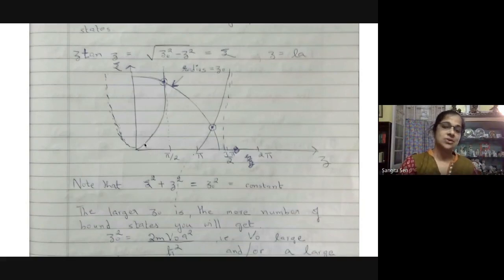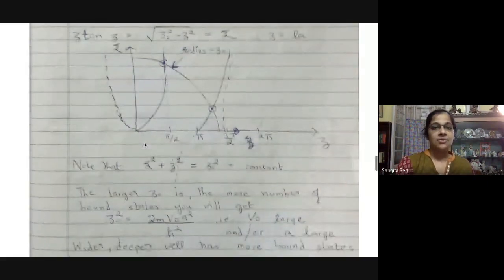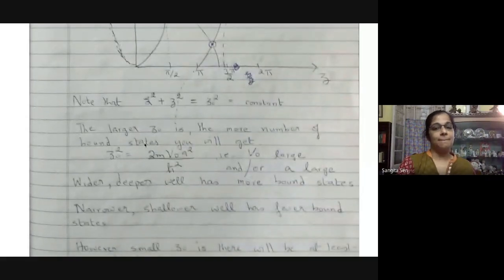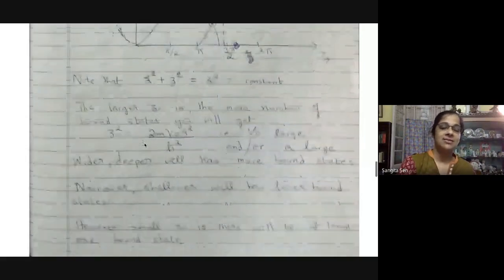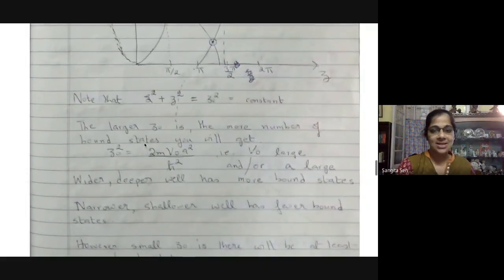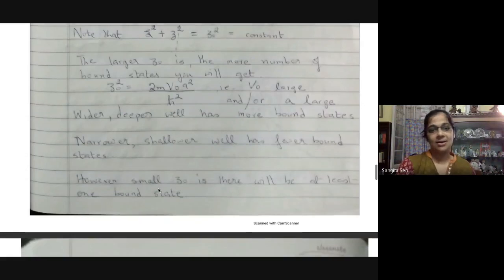So you will have at least one even solution, which is a bound state. So for a finite well, there is at least one. However small this well may be, there is at least one bound state. Okay. It also tells us, in reverse of course, that if you have a narrow, shallow well, then you have fewer bound states.